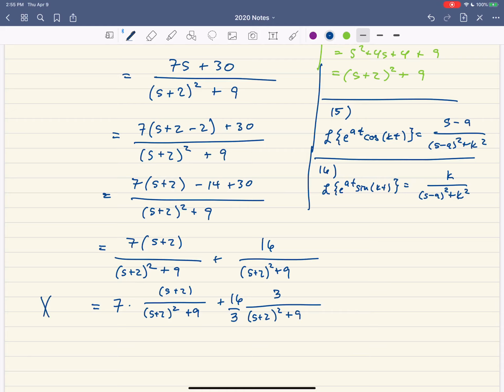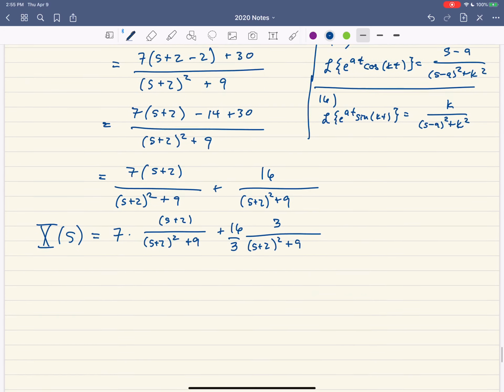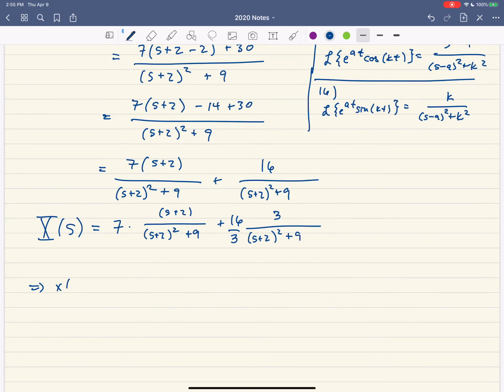Remember that this was capital X, so little x of t is going to be the inverse Laplace transform. This will be 7 times e to the negative 2t cosine of 3t plus 16 thirds times e to the negative 2t sine of 3t. And we're done.